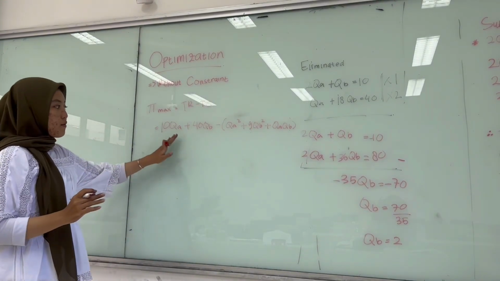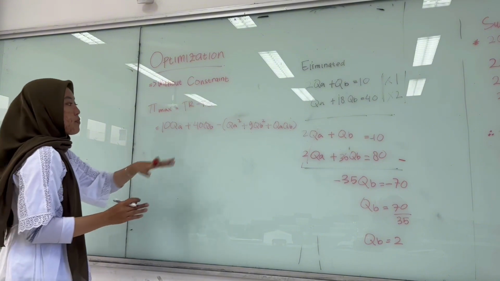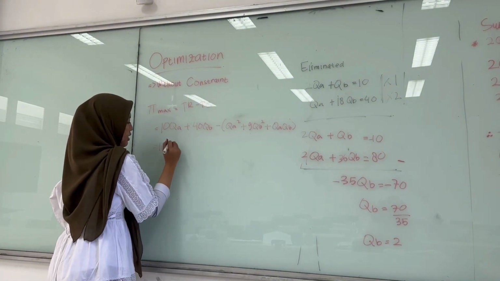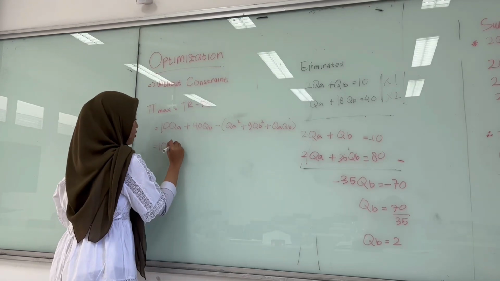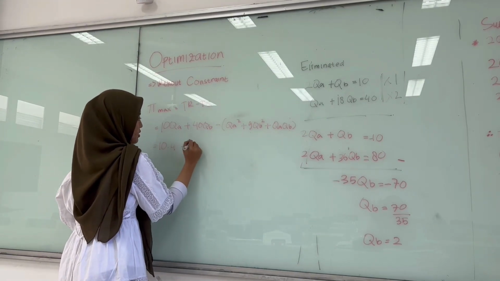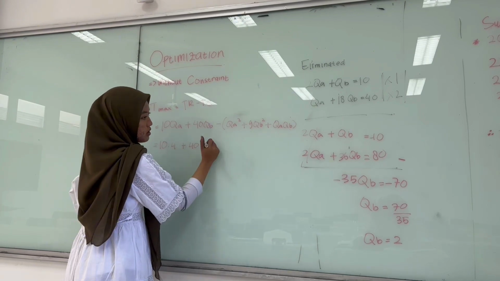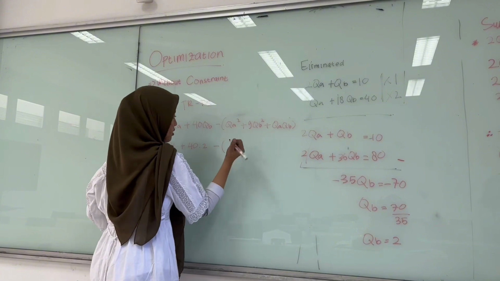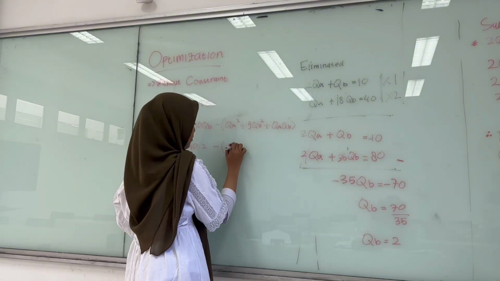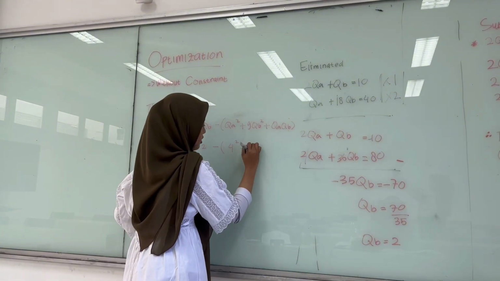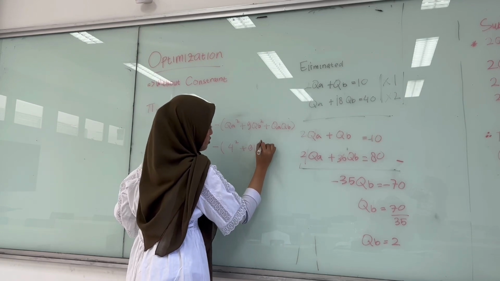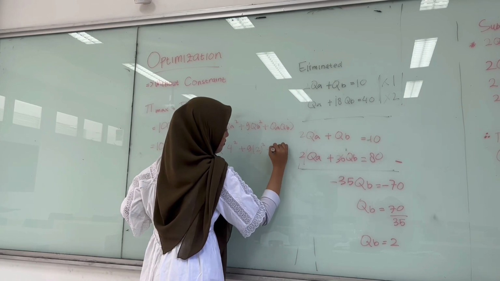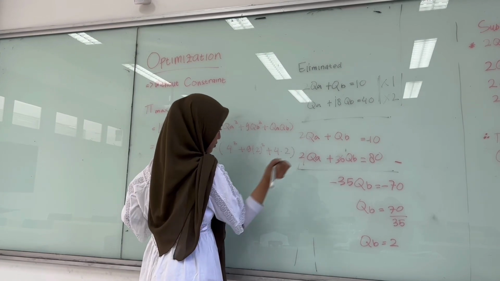Because we already found the Q, we put the Q into this formula. 10 times the QA is 4 plus 40 times the QB is 2 minus the QA is 4 squared plus 9 times 2 squared plus 4 times 2.